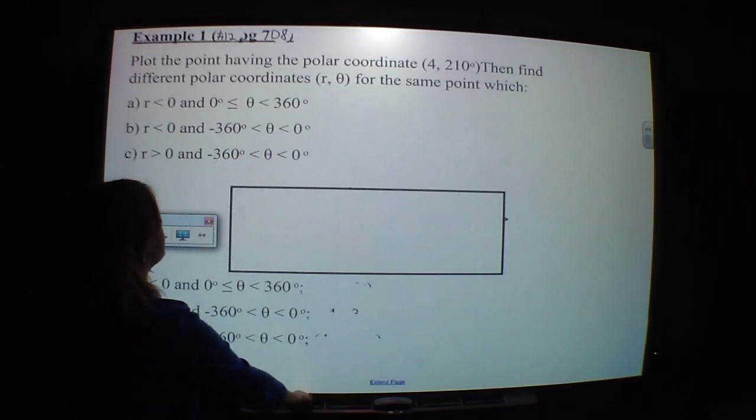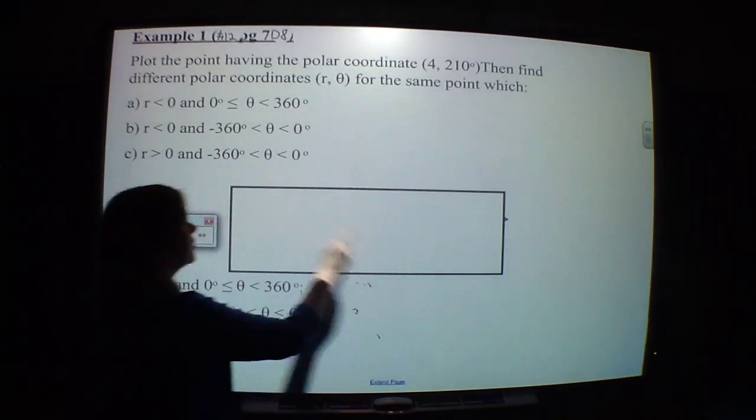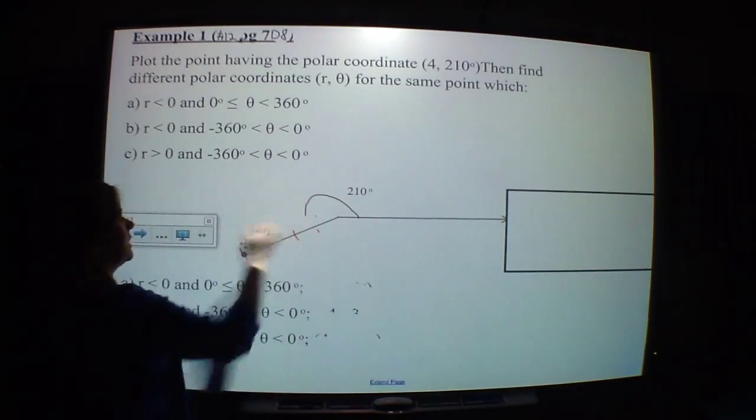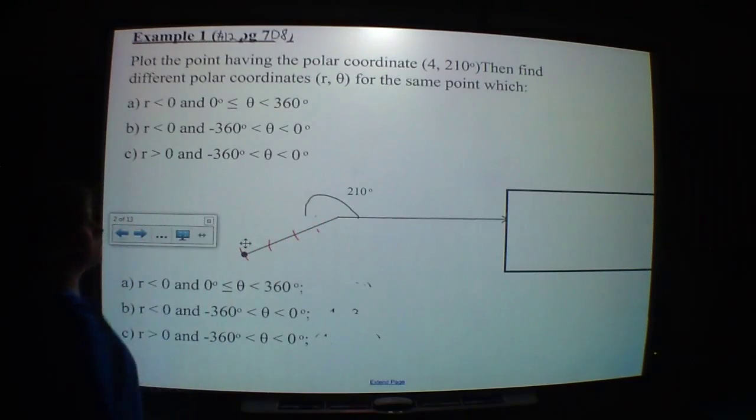So when you're doing this, if I was just going to plot that right there, I would go 210 degrees around, and then I would go 4 units out, 1, 2, 3, 4. And that would be the point 4, 210.